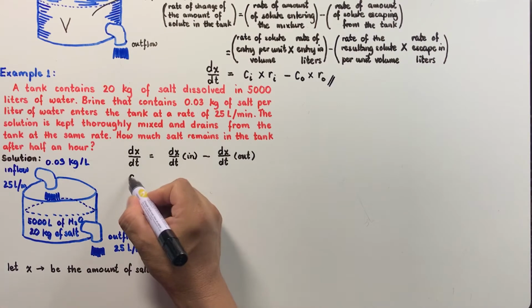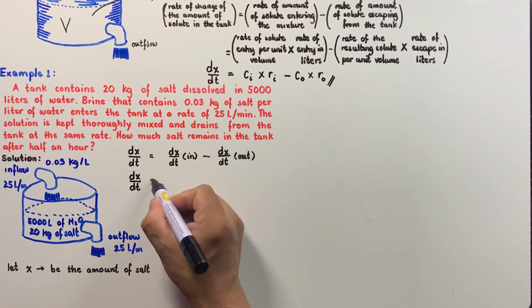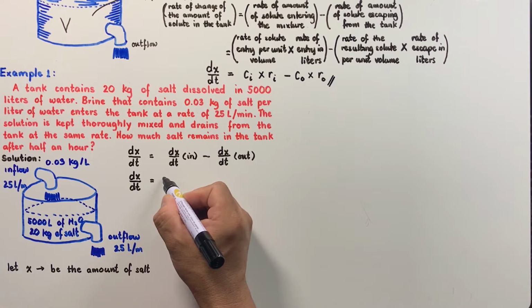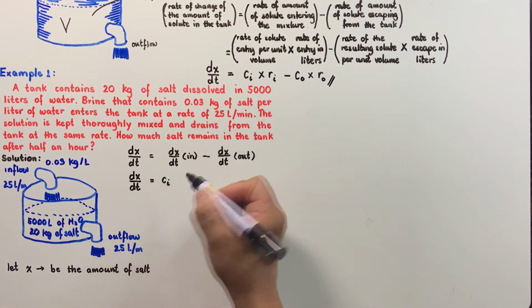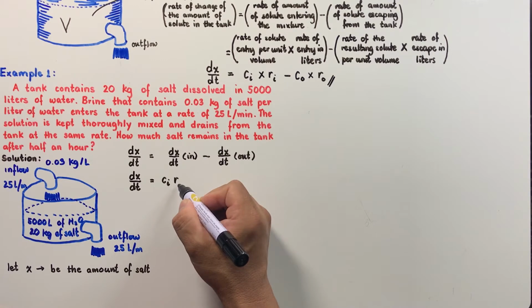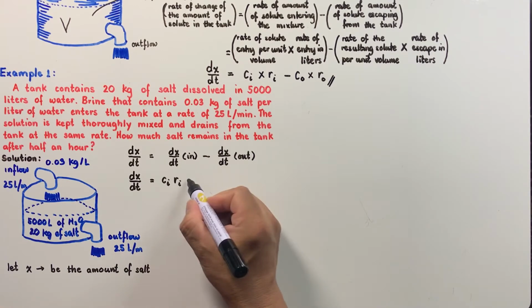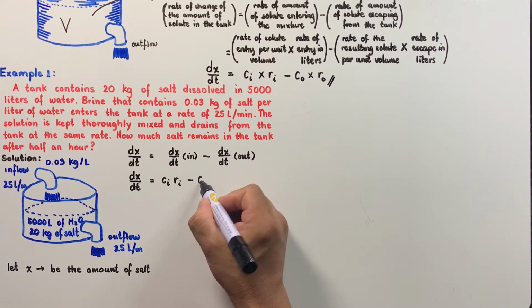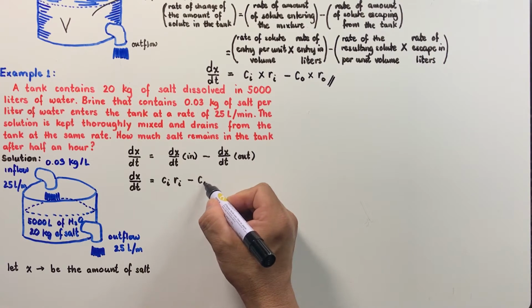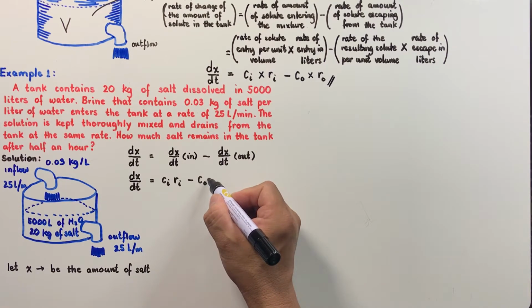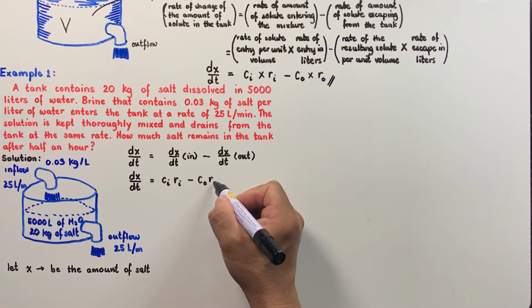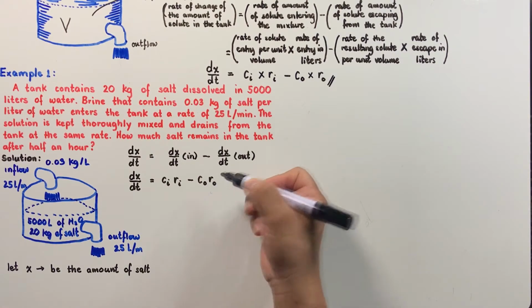So this is dx/dt, which is equal to the rate of solute entry per unit volume times the rate of entry in liters minus the rate of the resulting solute per unit volume moving outside the tank times the rate of the outflow using the outlet pipe.